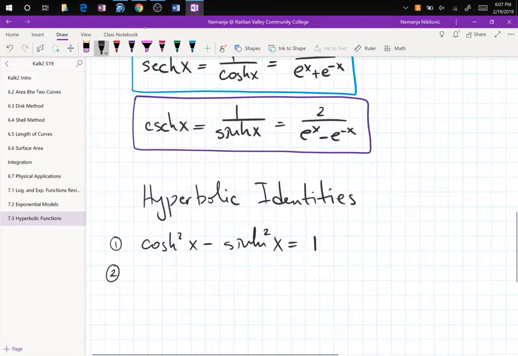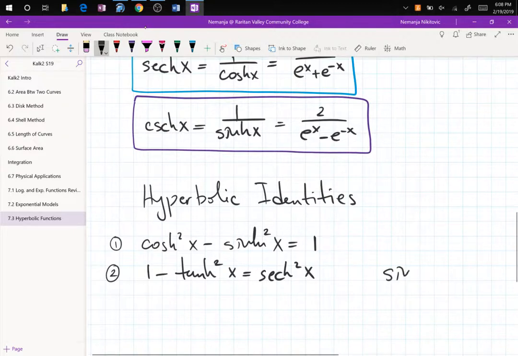Next one. 1 minus tangent hyperbolic squared x is equal to secant hyperbolic squared x. Please put the square on the h, because you know how sometimes you can have sine cube x, you don't do that.